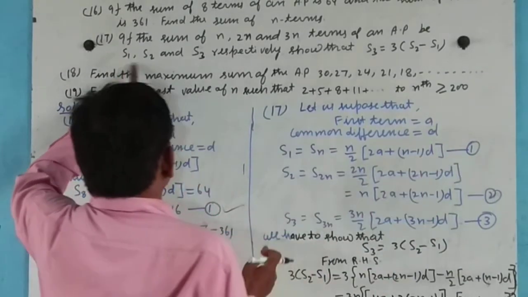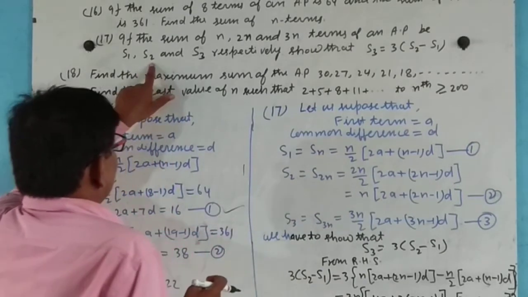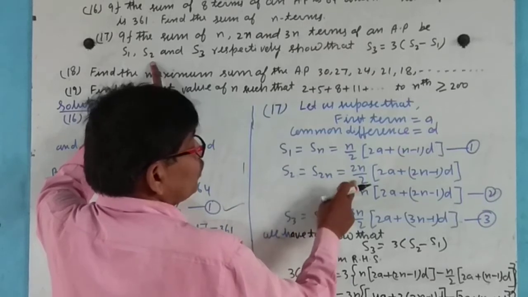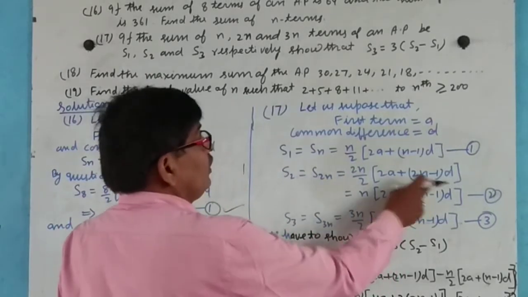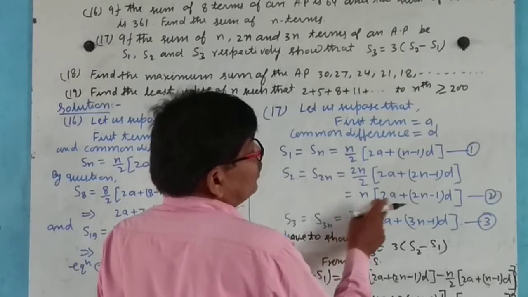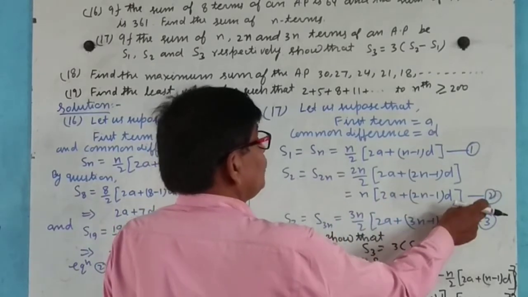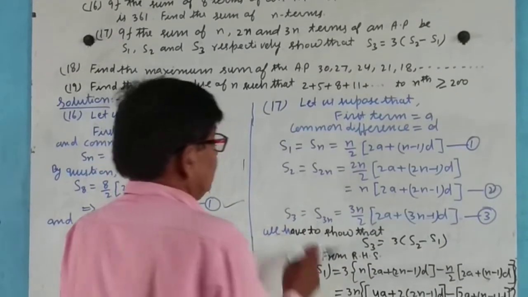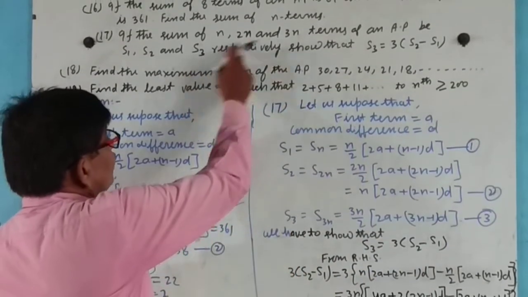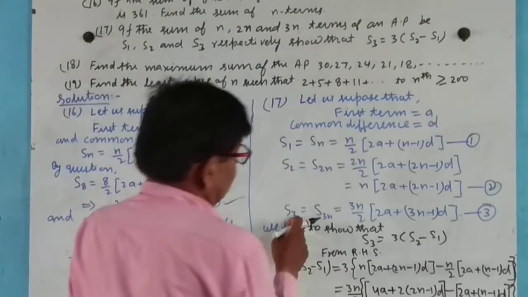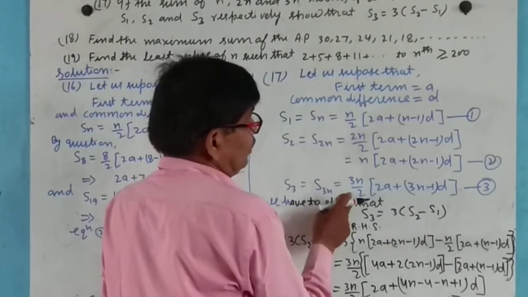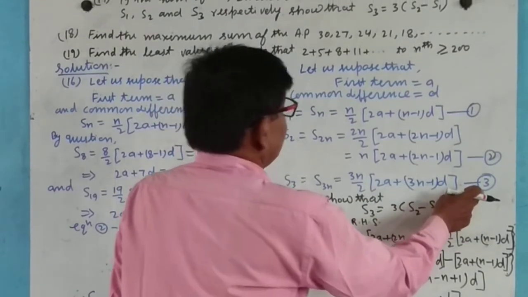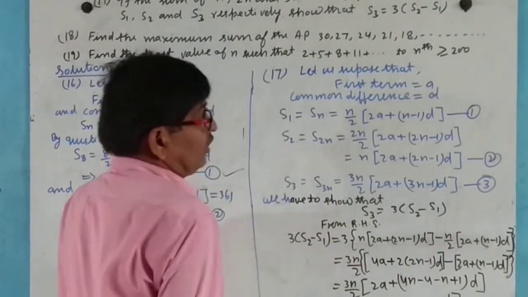This is equation 1. The sum of 2n terms, S2, is 2n by 2 into (2a plus (2n minus 1) d), where the 2s cancel. This is the second equation. And S3, the sum of 3n terms, is 3n by 2 into (2a plus (3n minus 1) d). This is the third equation.